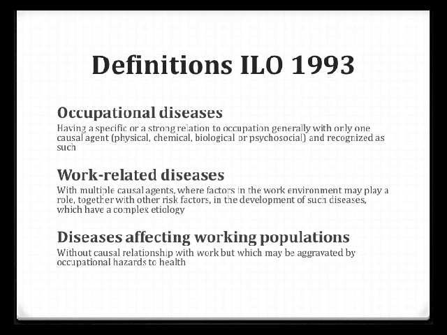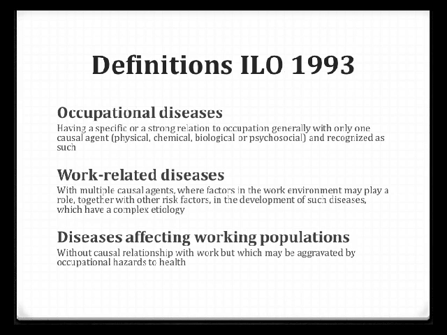They become not as clear-cut with respect to, is this a solely work-related disease or disorder or not? And then we have diseases that affect the working population, so we come to our population level, where the causal relationship with work may be there, but may be aggravated by other external factors, may be aggravated by hazards that then can compromise health.